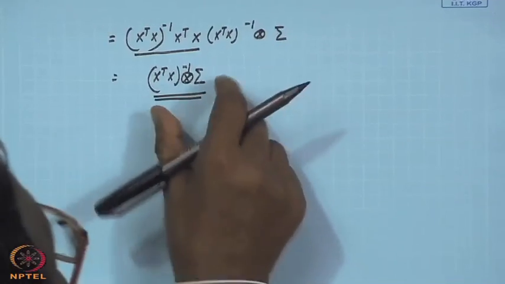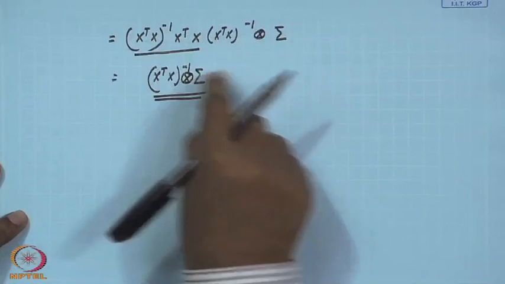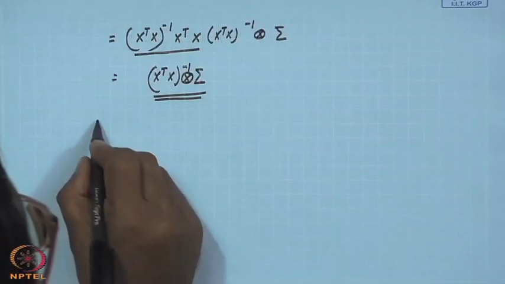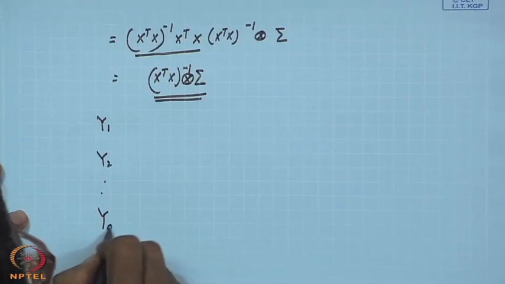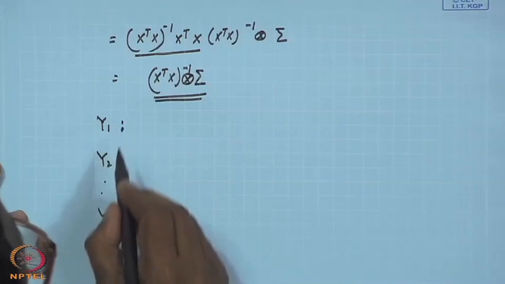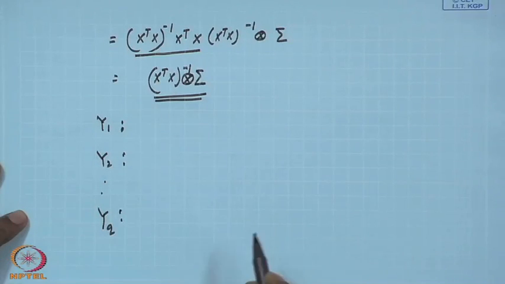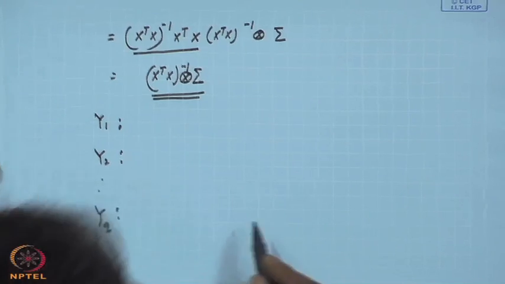So, this is fine, but when you use an individual y like y1, like y2, like yq, you have to be very judicious about what you use.